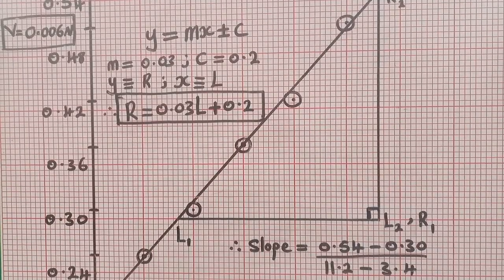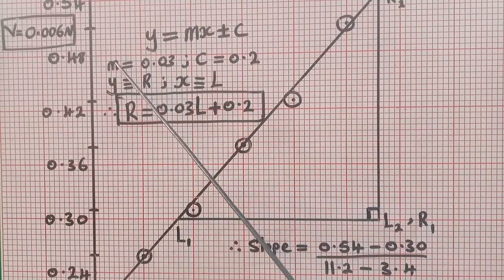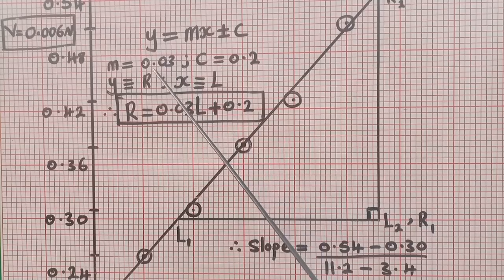Finally, having known that the slope, which is this m, is equal to 0.03, and intercept, which is this c, is equal to 0.2. And having also known that this y is a dependent variable that was plotted on the vertical axis, we say it is equal to R because it was R that was plotted on this vertical axis.